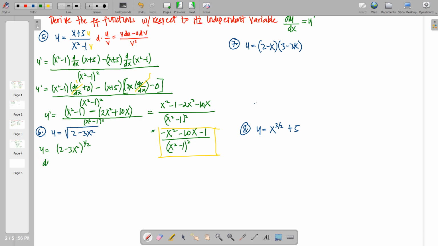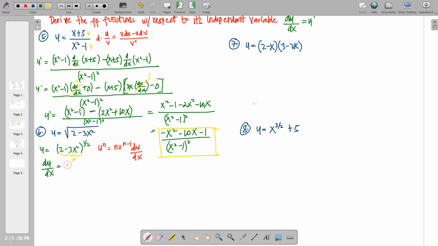So dy over dx, we consider this as u. And of course, this is just in the form of u raised to n, with n minus 1 in the exponent. Okay, so we just perform that.